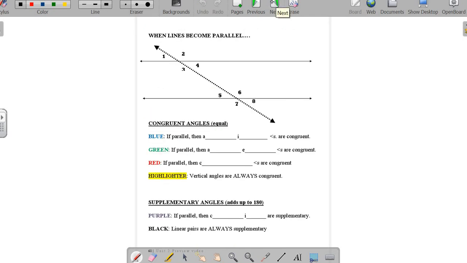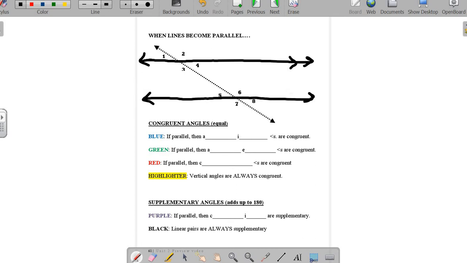But special things happen when lines become parallel. So I'd like you to trace this line, and I'd like you to trace this line. I'd like you to add these little arrow feathers. You can put them either going the same direction or you can make them go opposite directions. Both mean the same thing. Depends on the textbook.